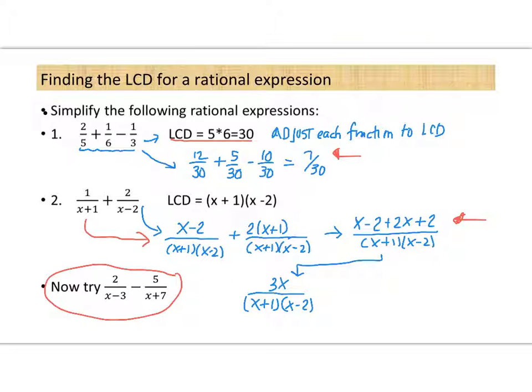rational expression: 2 over (x minus 3) minus 5 over (x plus 7). Please pause your video and I will give you the answer in just a few seconds.